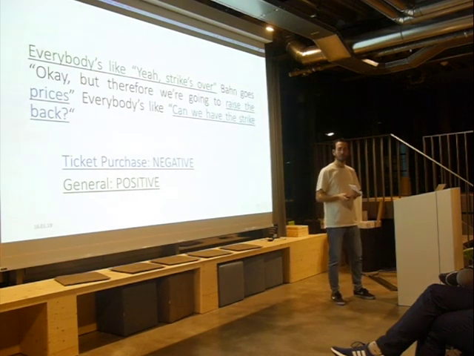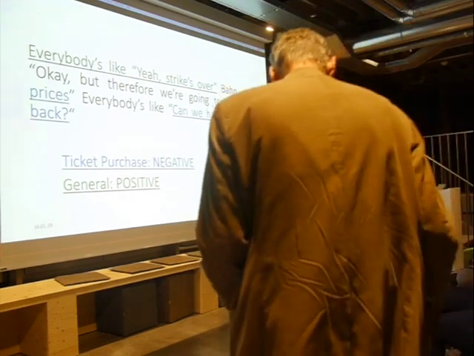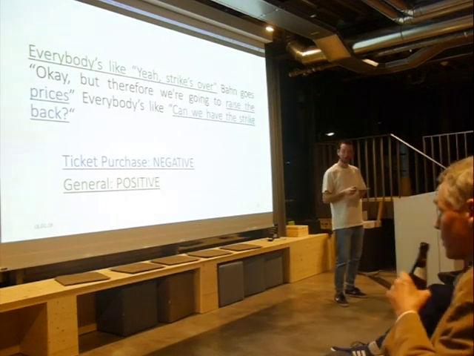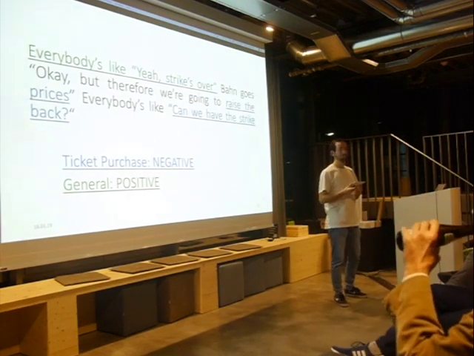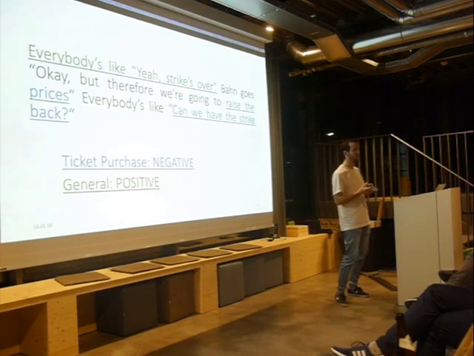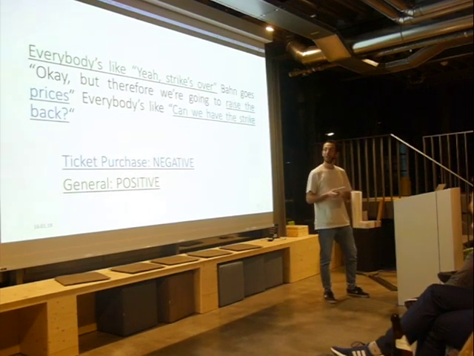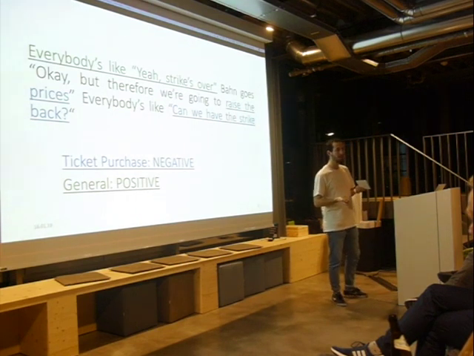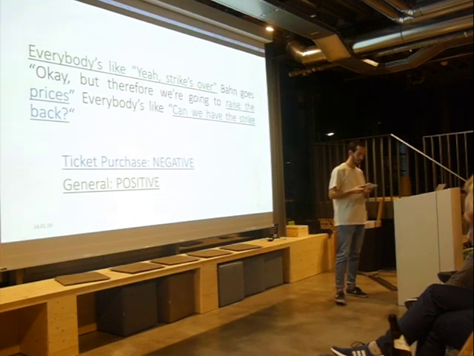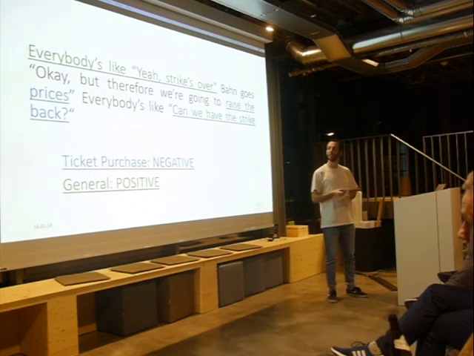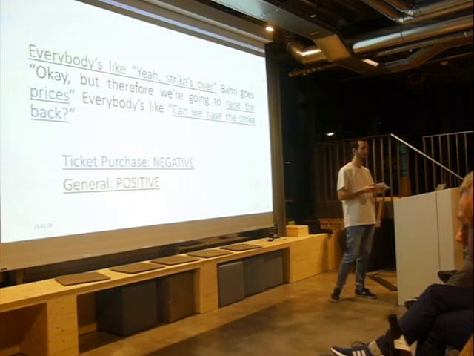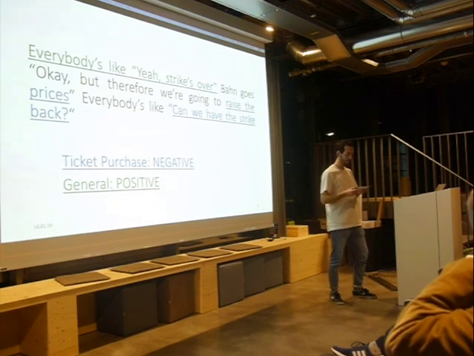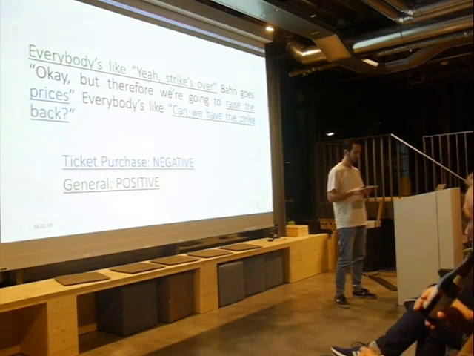On the other hand, he's also happy that the strike is over, so in a general way, he's speaking positive. This task is called aspect-based sentiment analysis. It's basically a combination of a multi-class labeling and a normal classification problem, as you have both the aspect extraction or labeling and a sentiment analysis part to it.